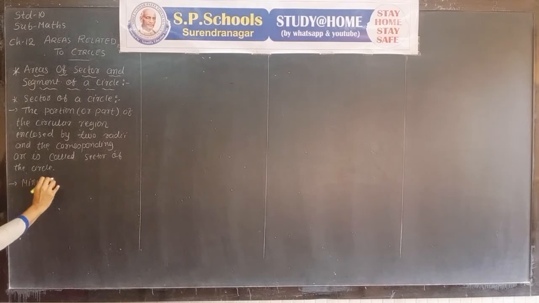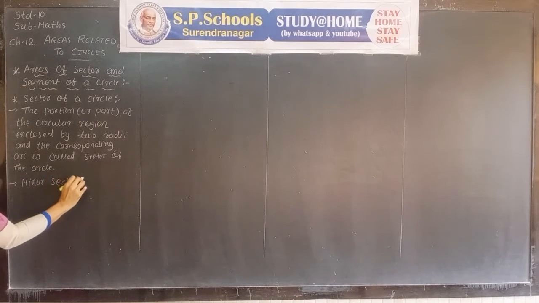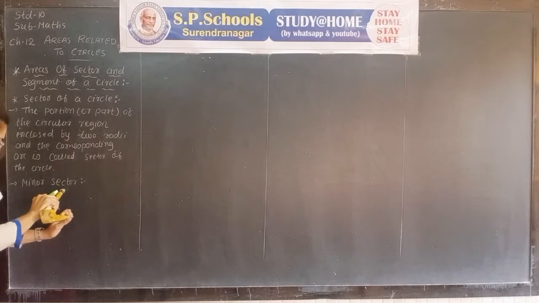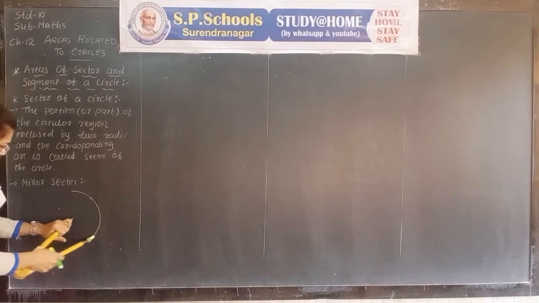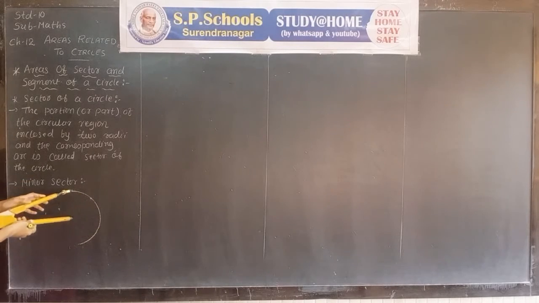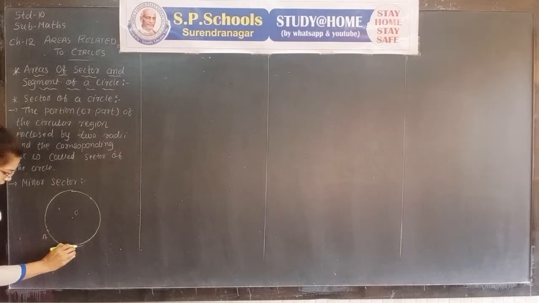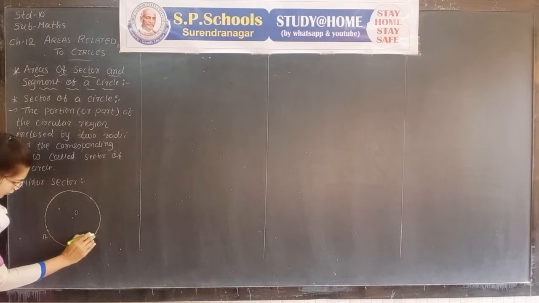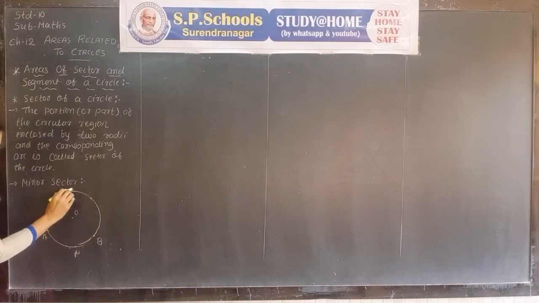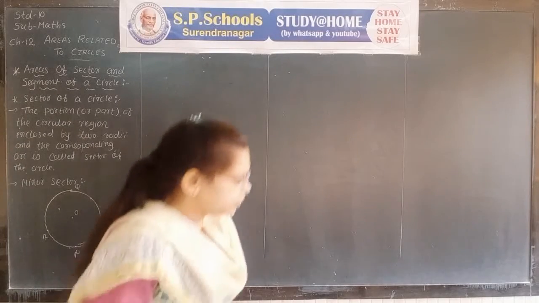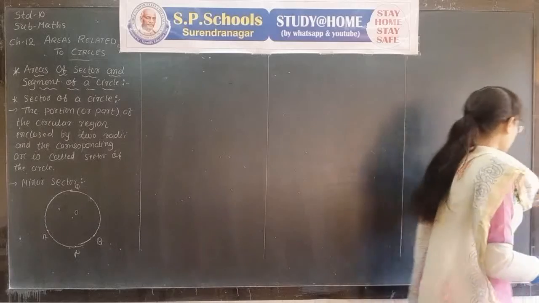Minor sector. To understand this one, we draw one figure. It is a circle with center O. APB is minor arc and AQB is the major arc. We need to join two radii OA and OB.